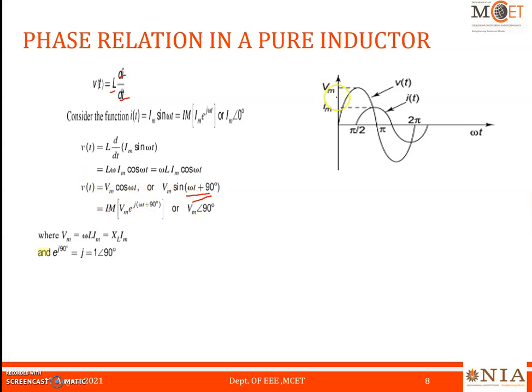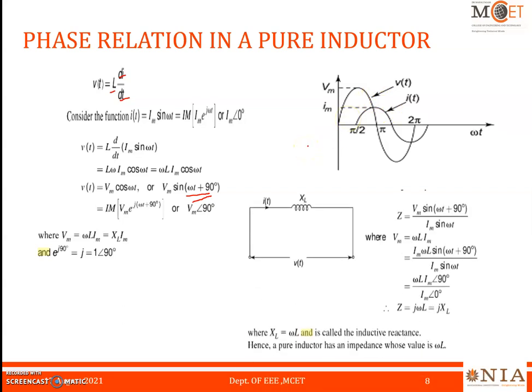So V of t is nothing but Vm sine of omega t plus 90 degree. That means the voltage is advanced, or otherwise, the current lags the voltage by 90 degree. That's why we have a lagging power factor in the case of a pure inductor.